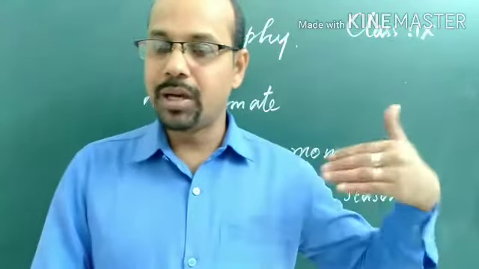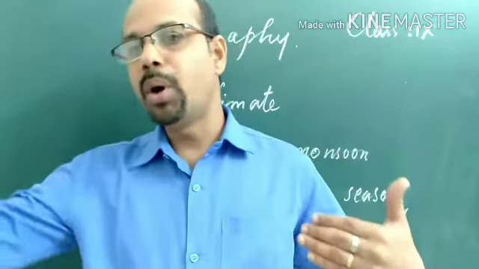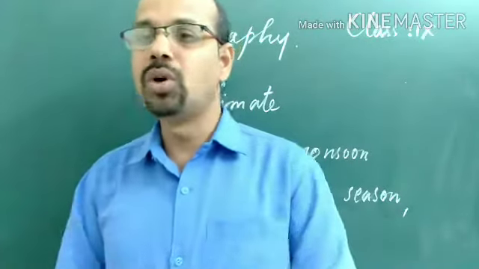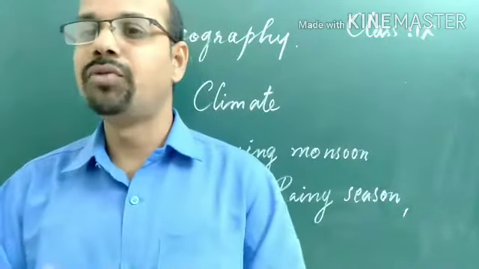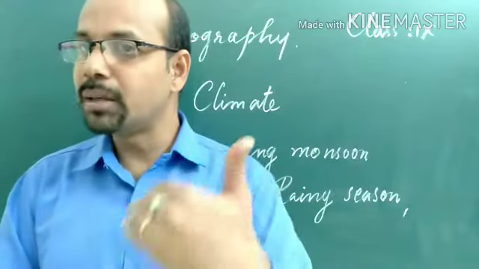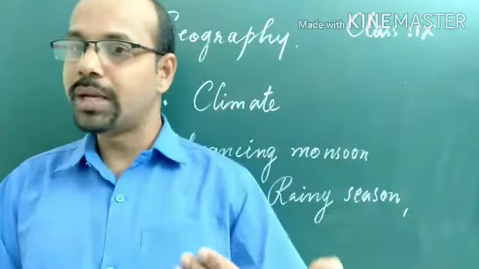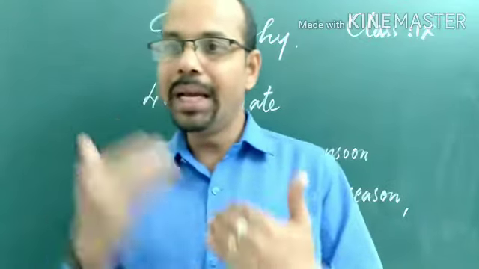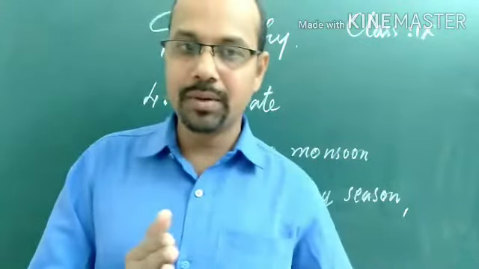Like the Western Ghats region, the northeastern part of our country also receives heavy rainfall due to this advancing monsoon, also known as the southwest monsoon. Rainfall in the Ganga Valley decreases from east towards west.